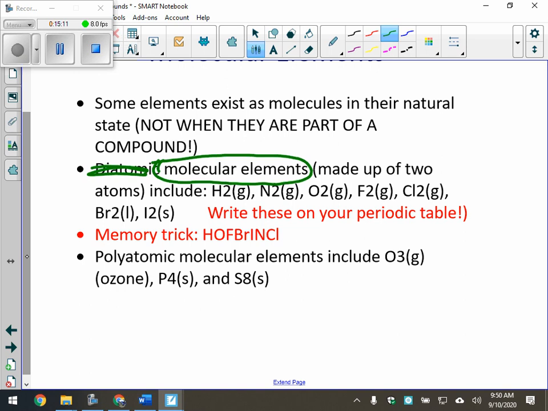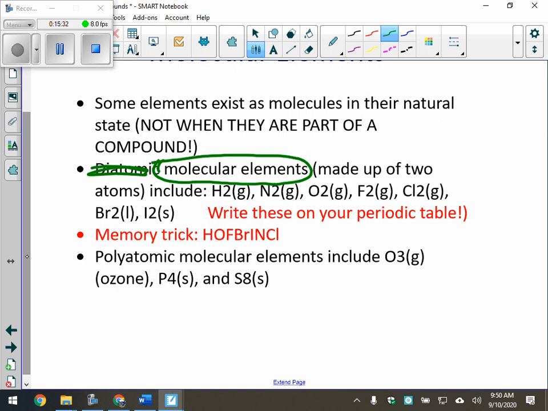One way to remember these is something called Hofbrinkel. So hydrogen is 2, oxygen is 2, F is 2, Br 2, I 2, N 2, Cl 2. There are other molecular elements as well, and the most common ones would be P4.